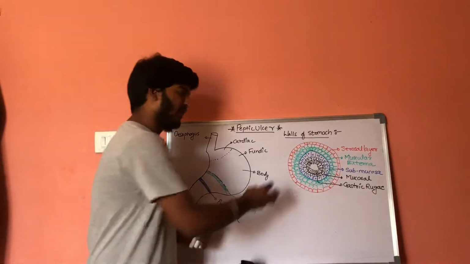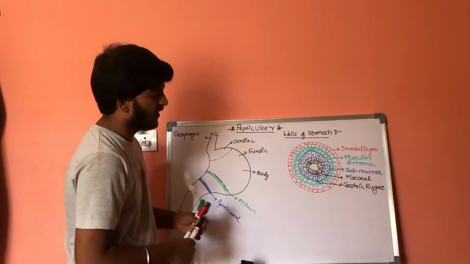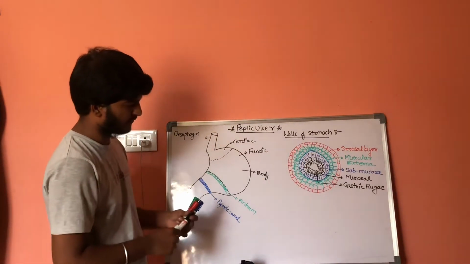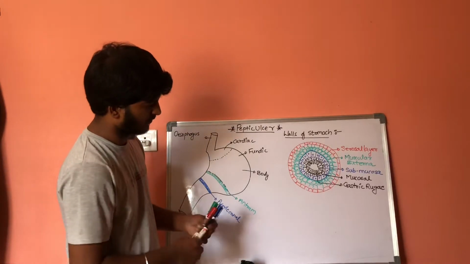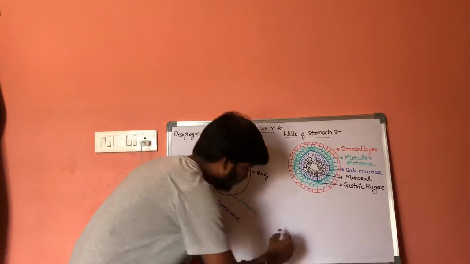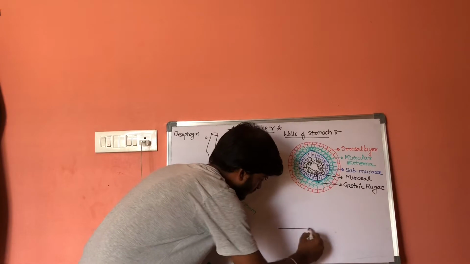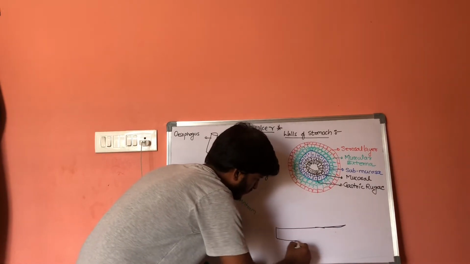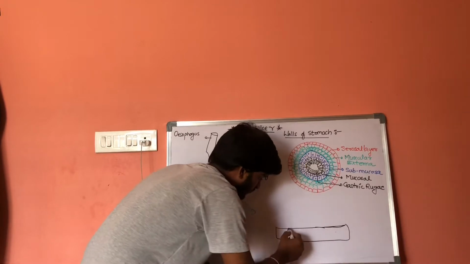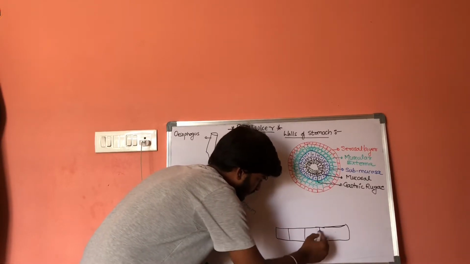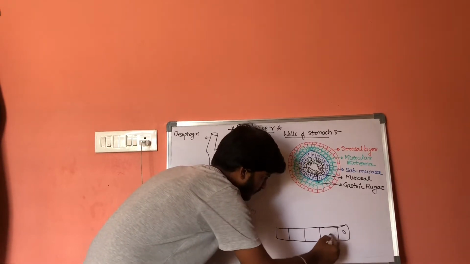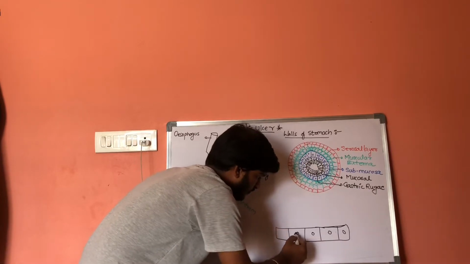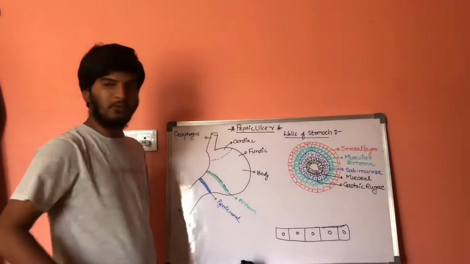So if we bring out one gastric rugae, let us consider this is the mucosal layer.